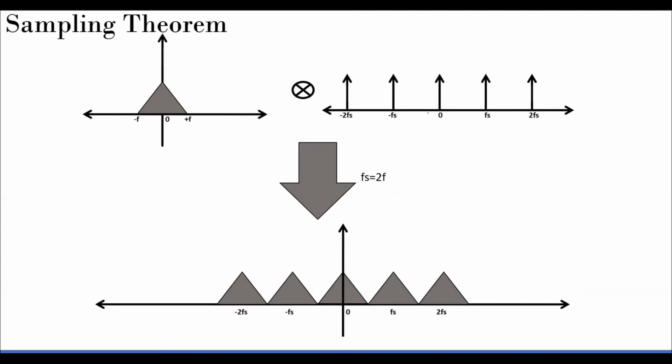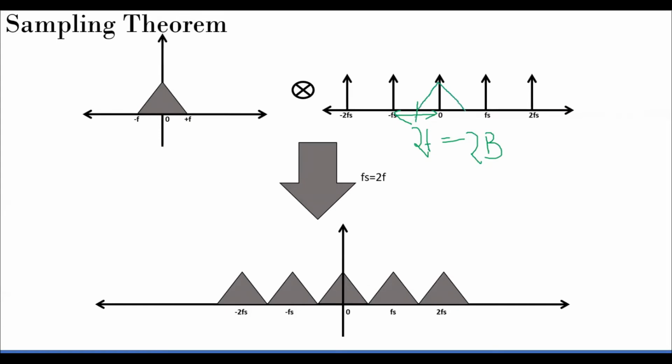So this distance is 2f or 2b, whatever you want, both are equal. Okay, 2b, this distance. So if it is exactly equal, you know that your signal is something like this.